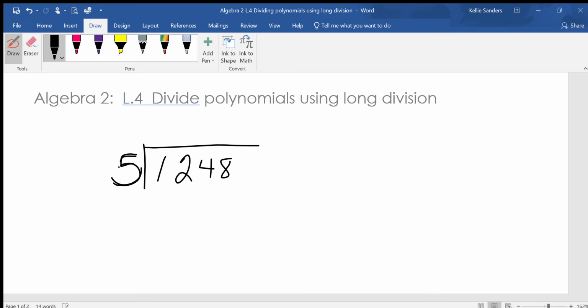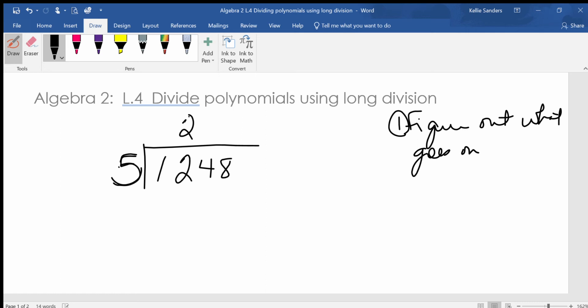Okay, so what did we do to be able to do this? Well, 5 doesn't go into 1, so we look at 12, right? And 5 goes into 12 2 times. So basically, you figure out what goes on top.